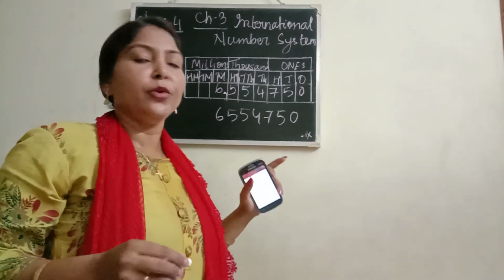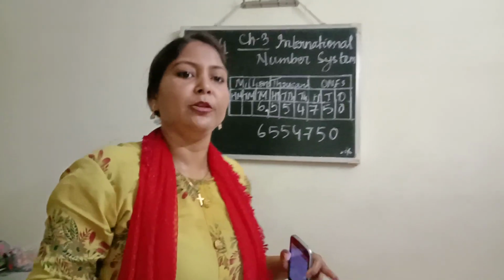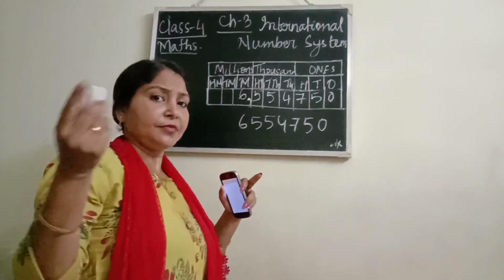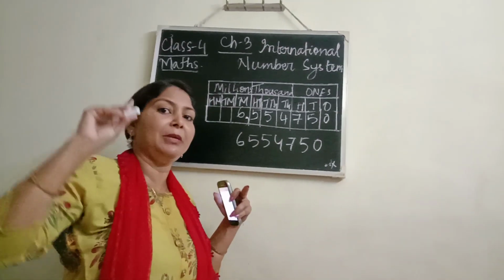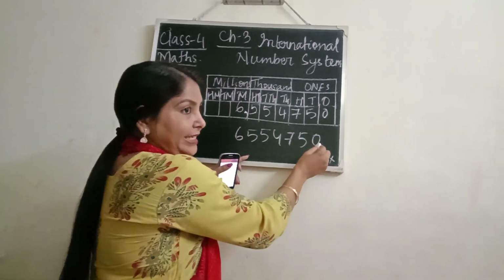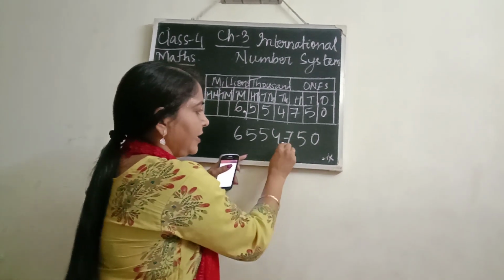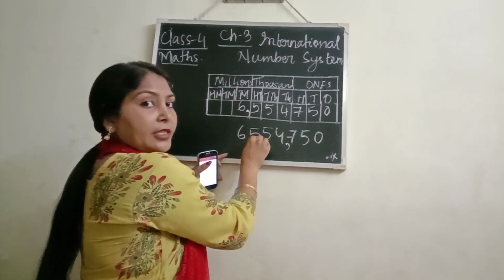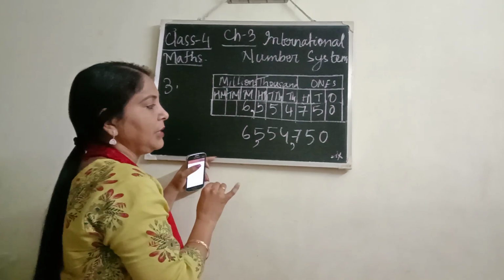Now if you are not drawing the international place value chart, always imagine the place value chart, and start putting the comma from the right side, from the lowest place value. So ones, tens, 100, done. Then thousands, 10,000, 100,000. Okay, this is the international place value chart, and this is the millions place.